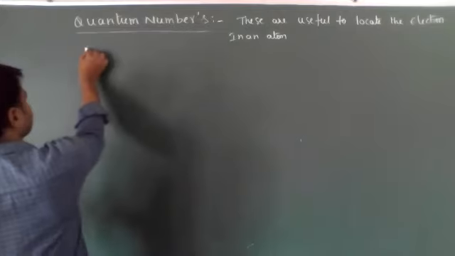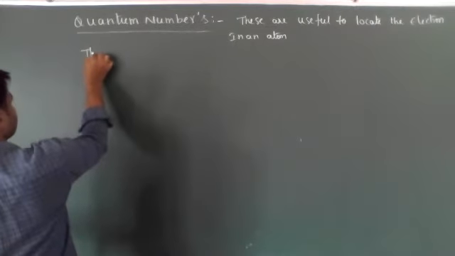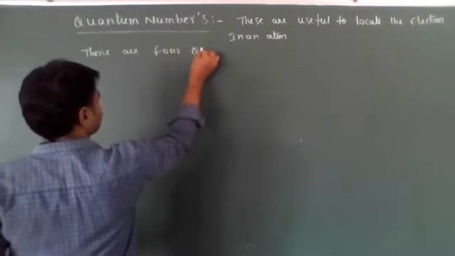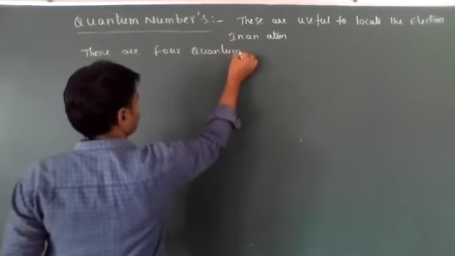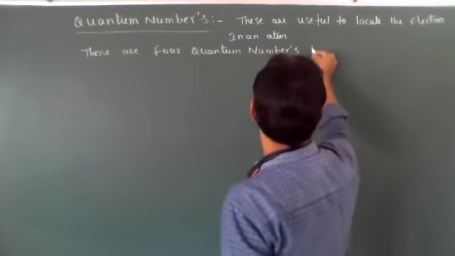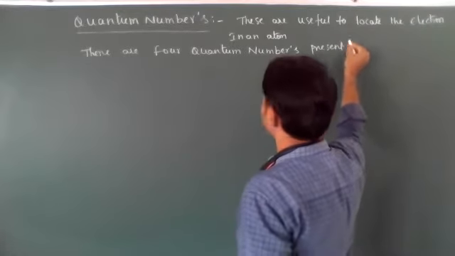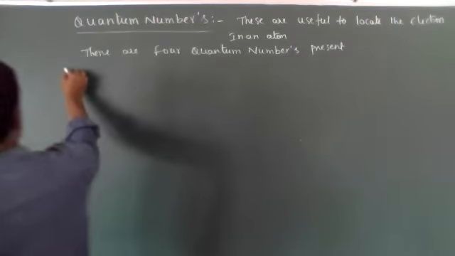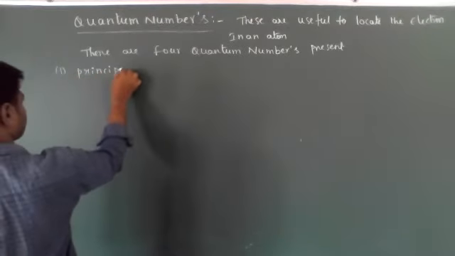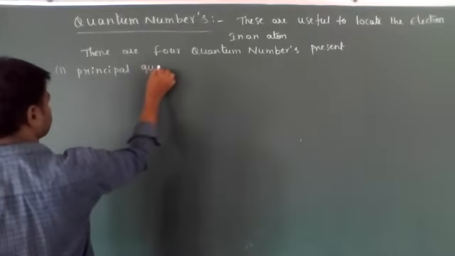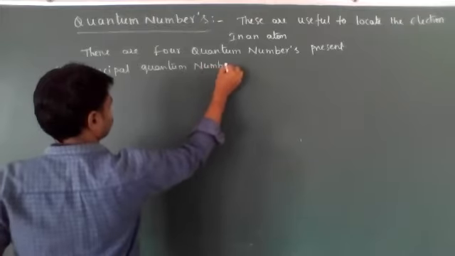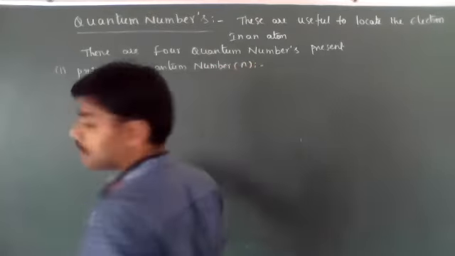There are four quantum numbers present. The first one is the principal quantum number, represented by small n.